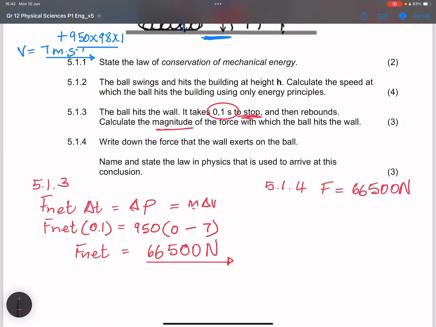Now, they said name and state the law of physics. That's Newton's third law.